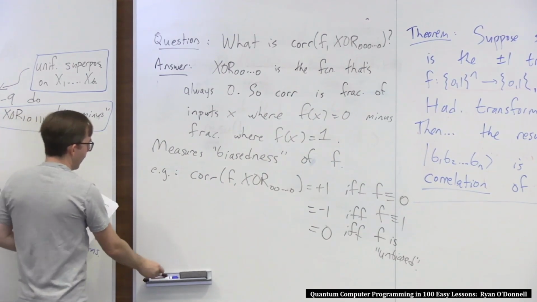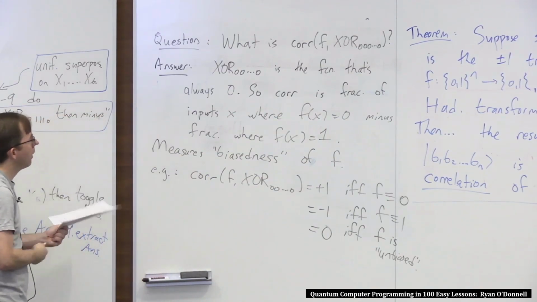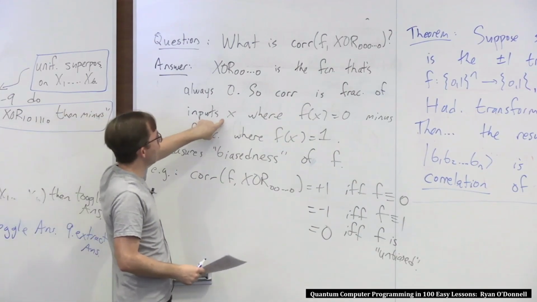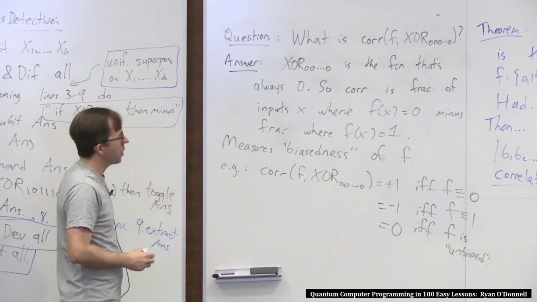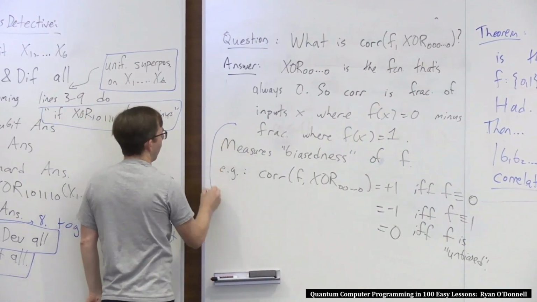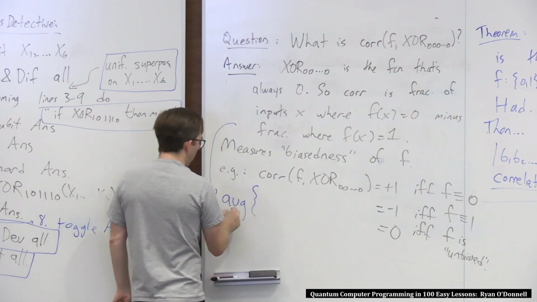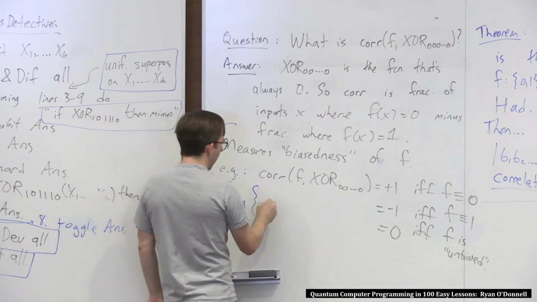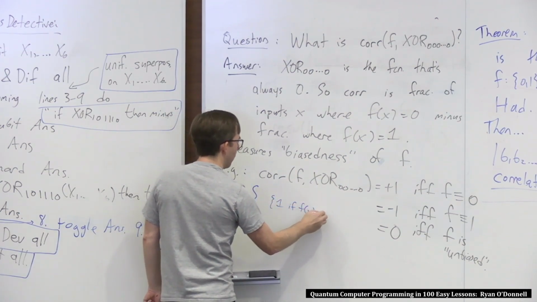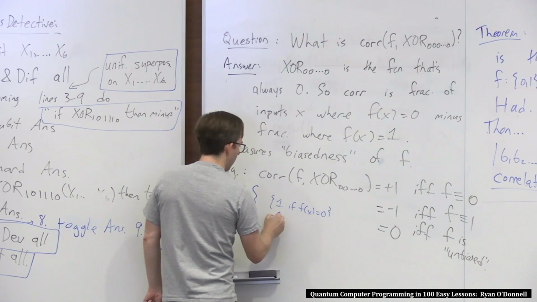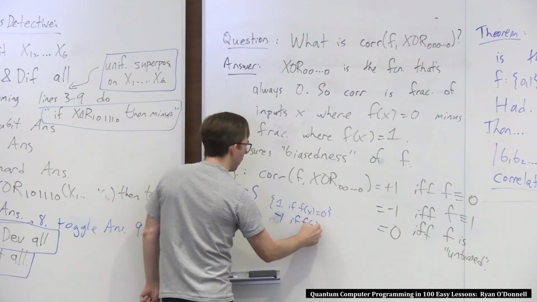But you see also, if you take the fraction of inputs where f of x is 0 and subtract the fraction of inputs where f is 1, this is like the average over all x of counting the number 1 if f of x equals 0, but counting the number minus 1 if f of x equals 1.